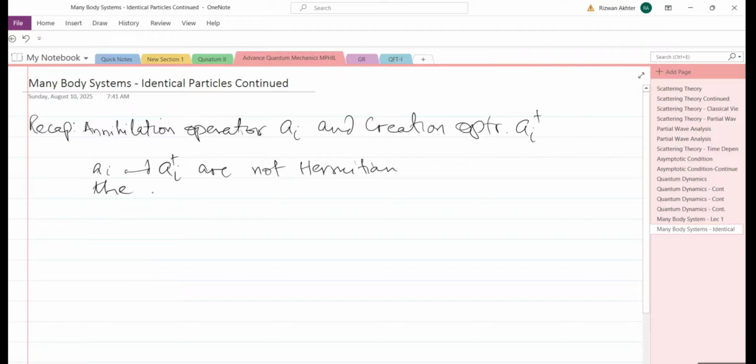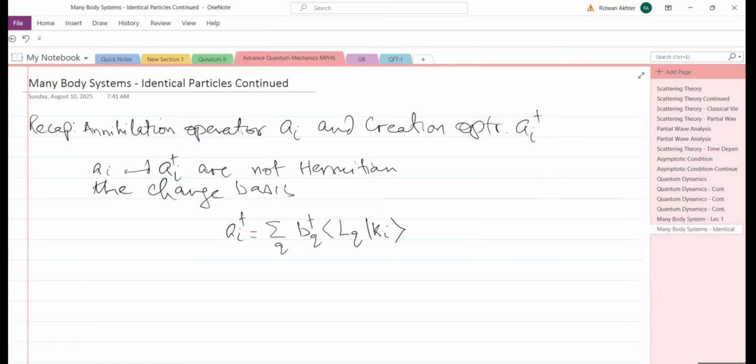The change of basis that we did was, for a_i dagger, we wrote it as a summation over q of b_q dagger, and then we have the overlap <l_q|k_i>, the overlap of the original or previous basis to the new basis l_q.